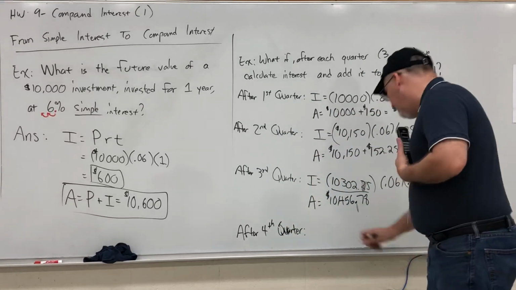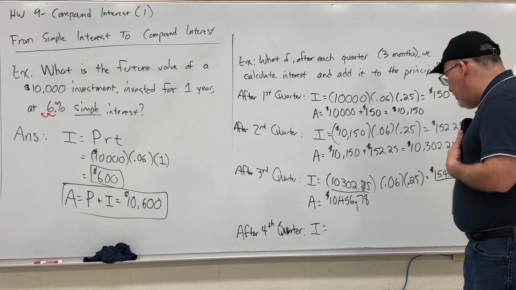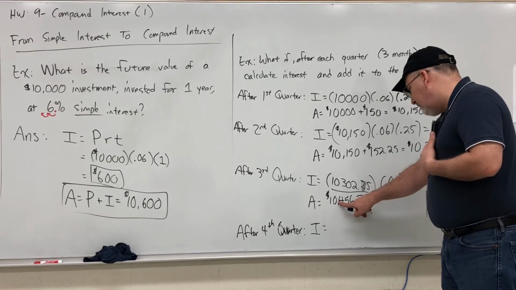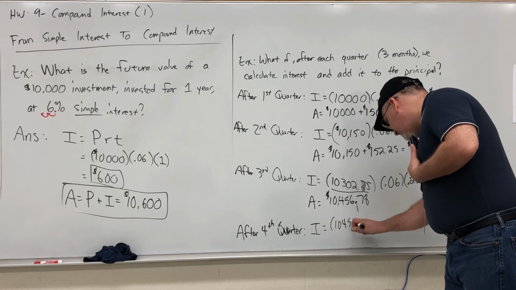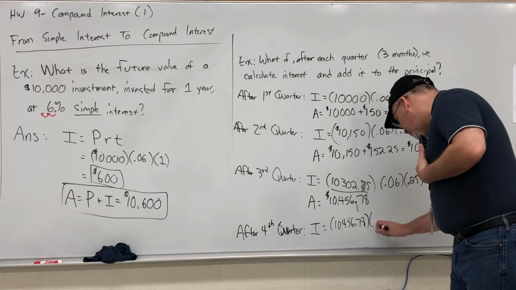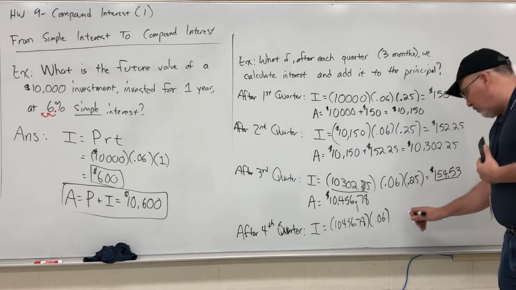After the fourth quarter, our interest is now the new principal. We now have $10,456.78. Our interest rate is still 6%, and we're still investing it for another quarter of a year.